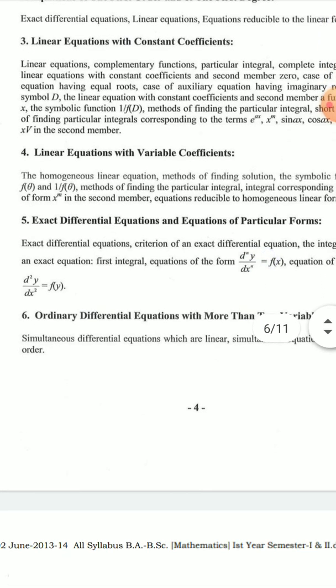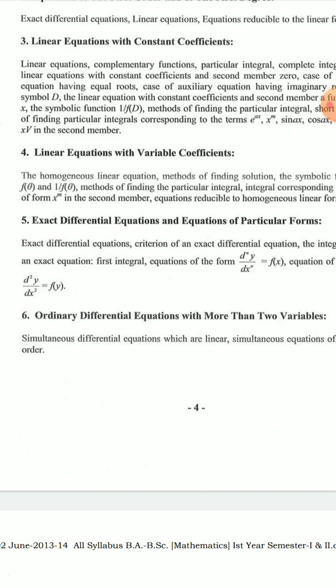Now next chapter is linear equation with constant coefficients. This chapter is new for you and it is the biggest chapter of all that we study in this paper. In this chapter, we have to study nth order linear differential equation having constant coefficients, how to find the complementary function, how to find the particular integral.